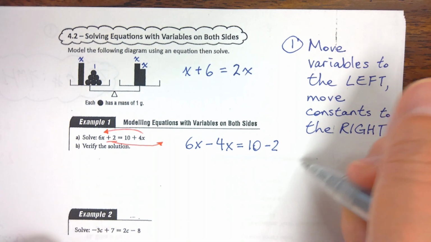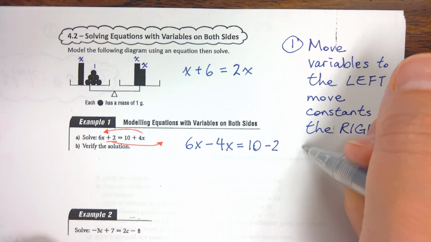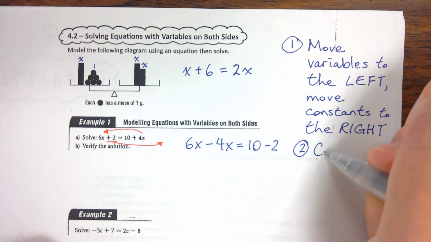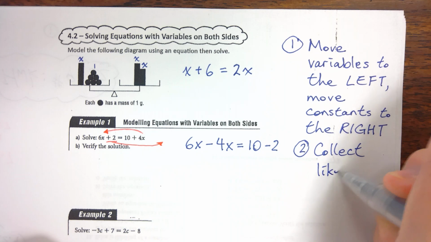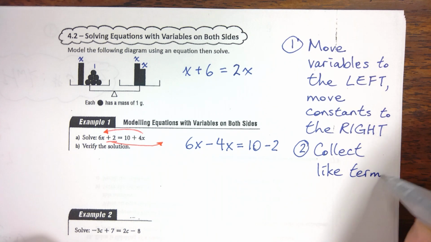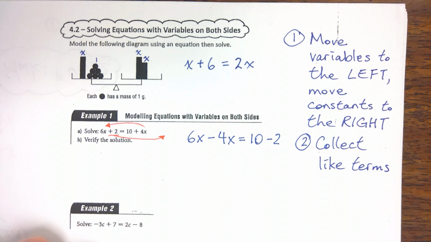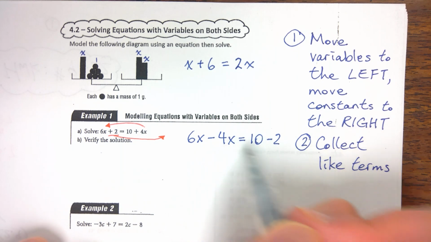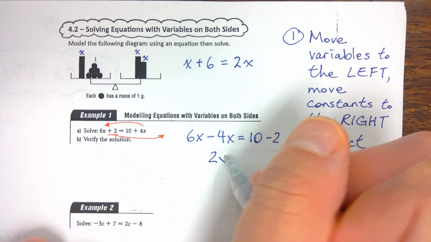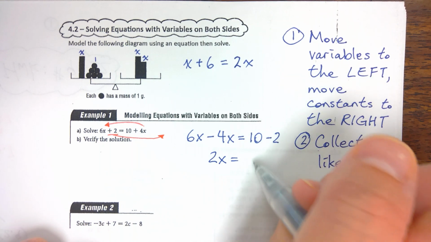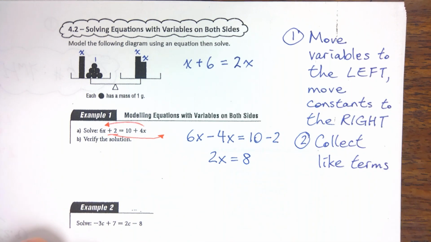Alright. My second step is collect like terms. Collect like terms. Okay, so after I move it, I can combine them. So 6x minus 4x is just simply 2x. And then 10 minus 2 is 8.